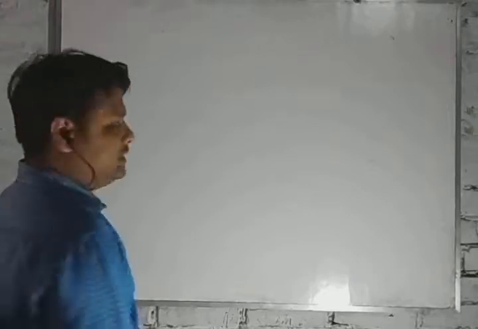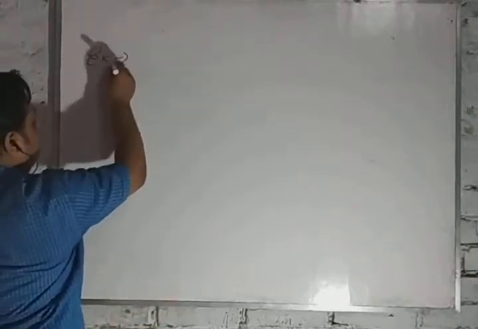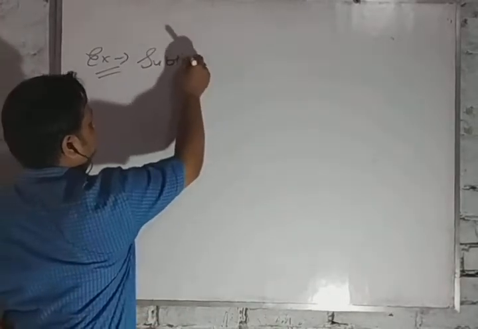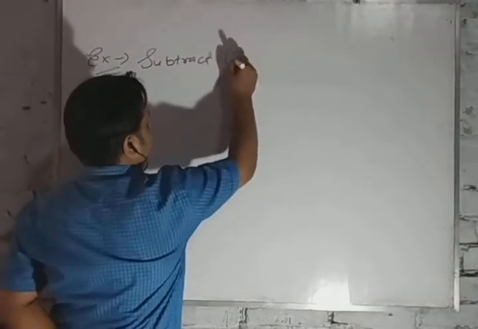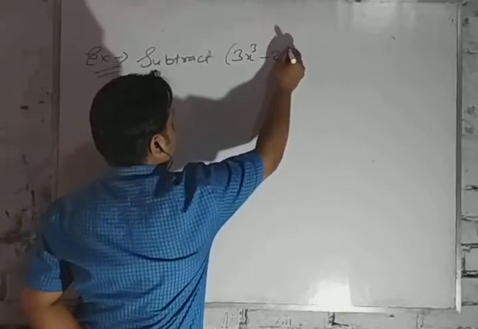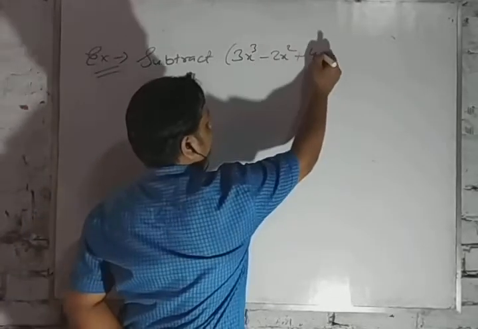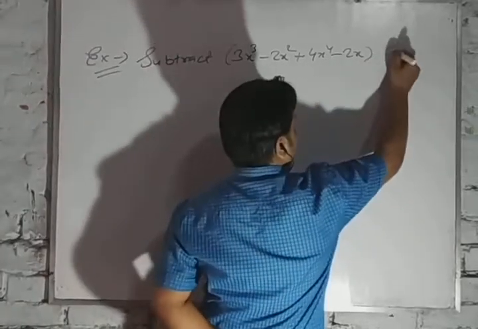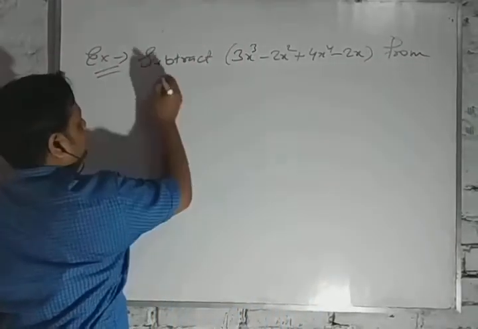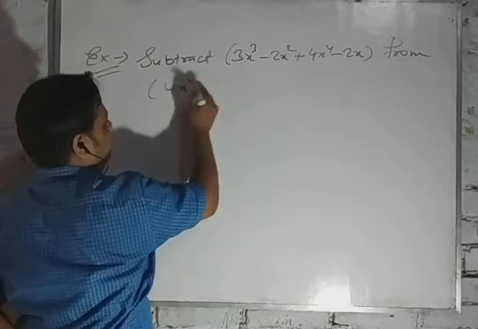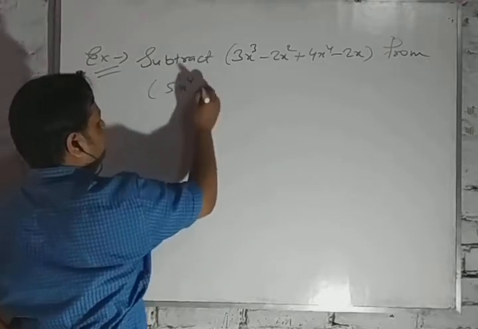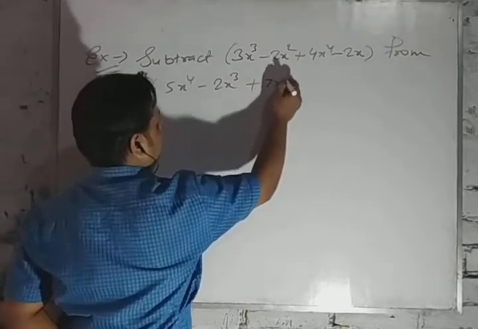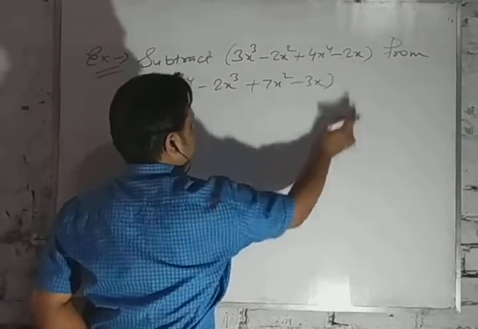Now if the question says subtract 3x cube minus 2x square plus 4x to the power 4 minus 2x from 5x to the power 4 minus 2x cube plus 7x square minus 3x.